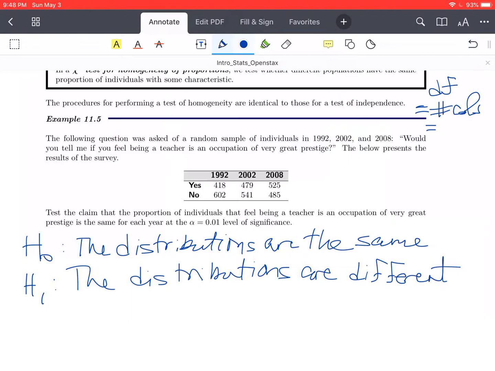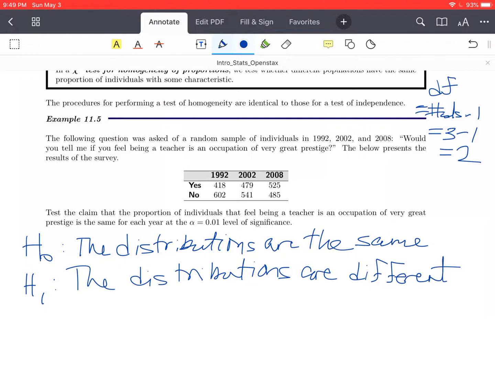Sorry, I should have put that there. So degrees of freedom equals number of columns minus 1. In this case, that's 3 columns minus 1, which is 2. So we had 2 degrees of freedom in this one, just like we did in the last one.